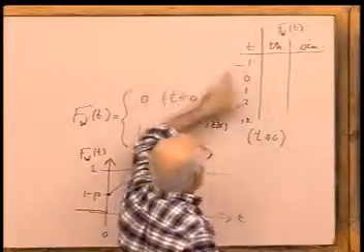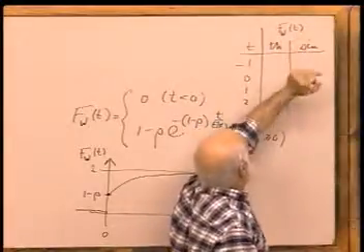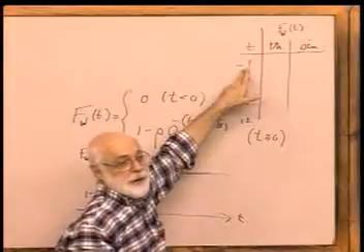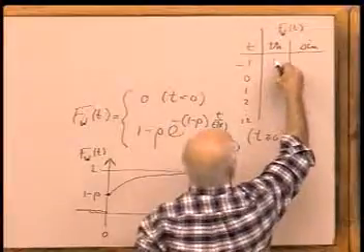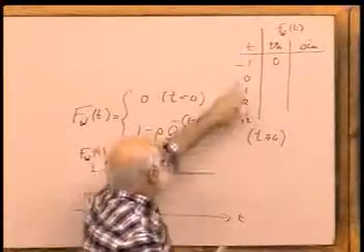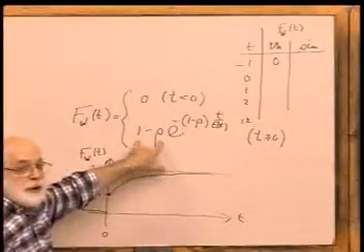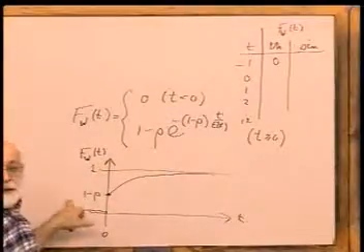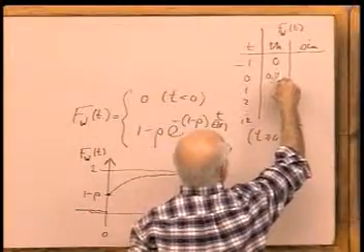So in other words, when I plug in -1, that's F_W of -1, that's the fraction of customers who wait less than or equal to -1 seconds. So what's that? Well, 0, that's this branch right here. When I plug in 0, what's the value? Well, I plug it in here, it'll be 1 minus rho. In our case, rho is 80%. So it'll be 20%, so this would be 0.2.